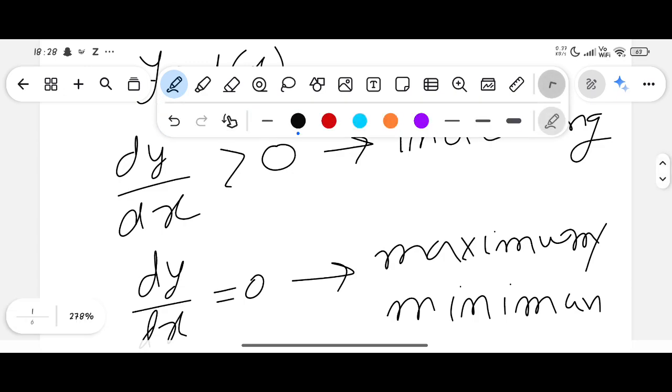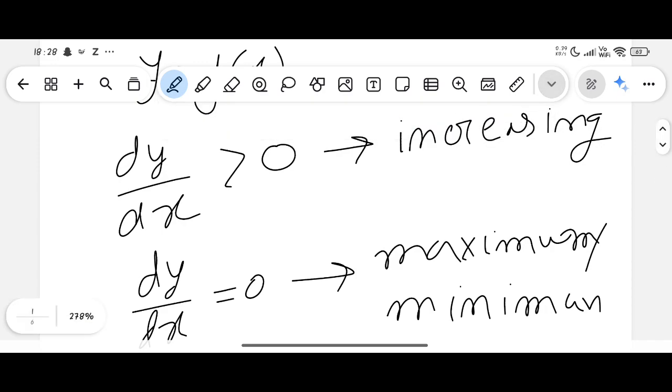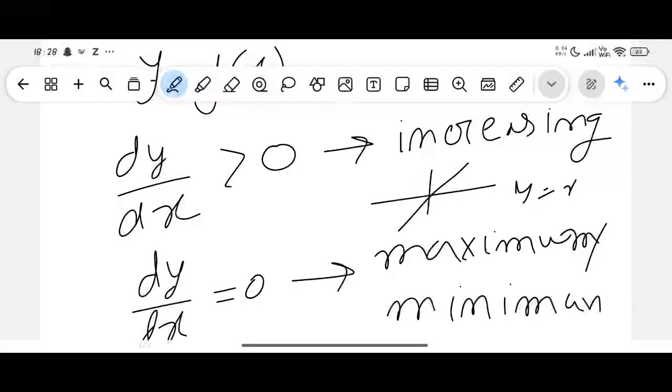For example, if a function is y equals x, then its maximum value is obviously infinity, as x tends to infinity, y also tends to infinity. But dy dx of y equals x is 1, and 1 is not equal to 0, so this function has no local maximum or minimum. It has a maximum and minimum of plus infinity and minus infinity.